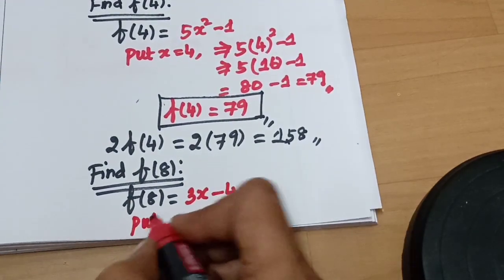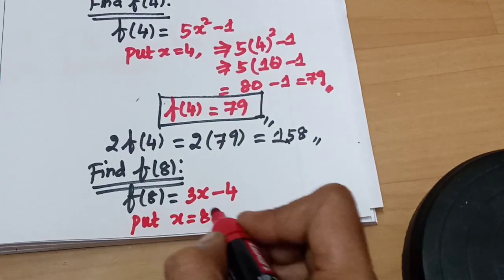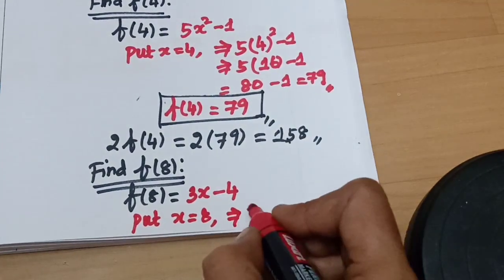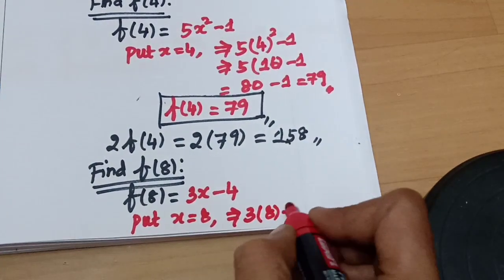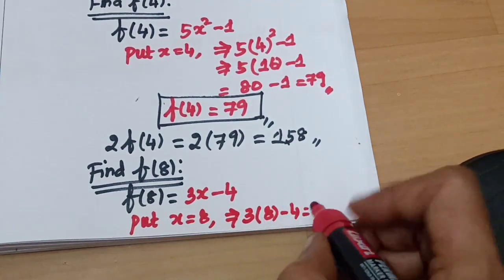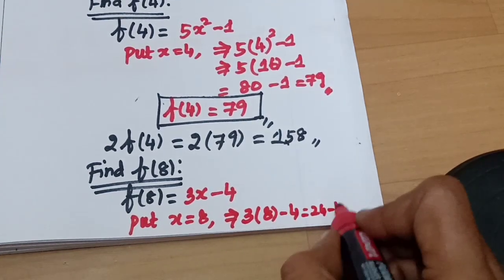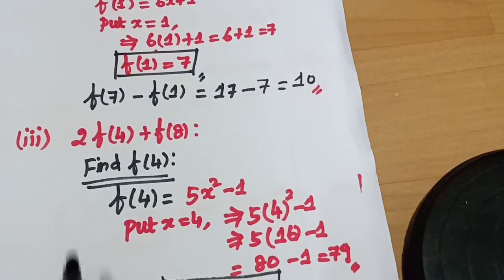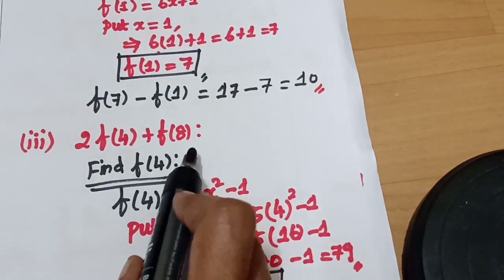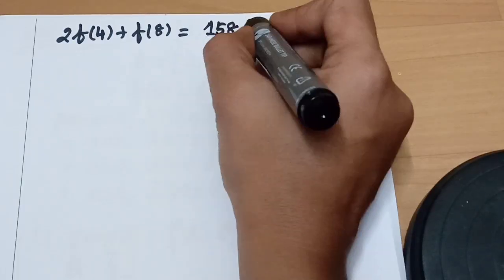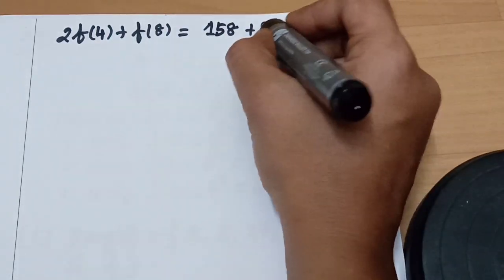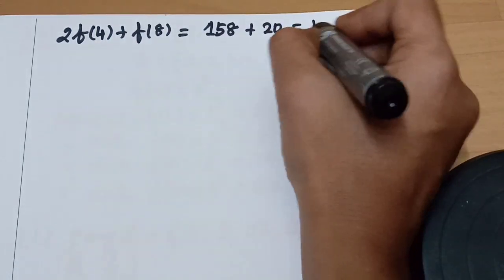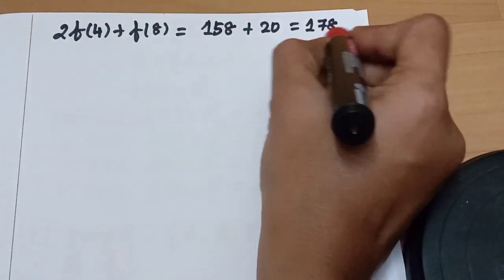Put x equal to 8 implies 3 into 8 minus 4, 24 minus 4 equal to 20. See the question. 2 into f of 4 plus f of 8 is 158 plus f of 8 value is 20 equal to 178. This is the third subdivision answer.